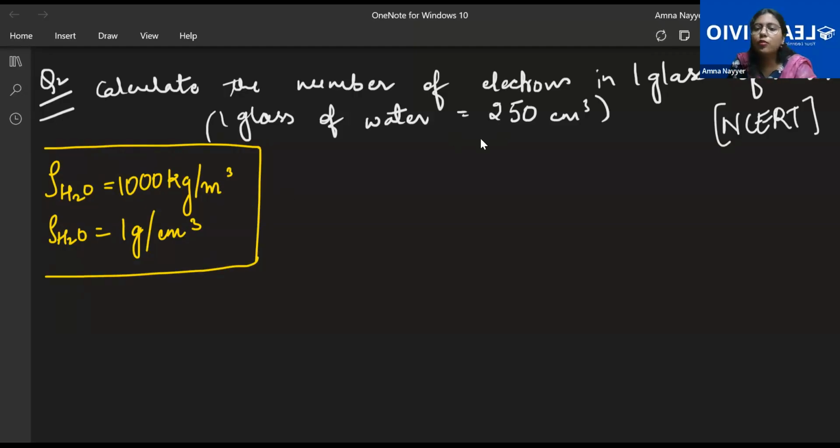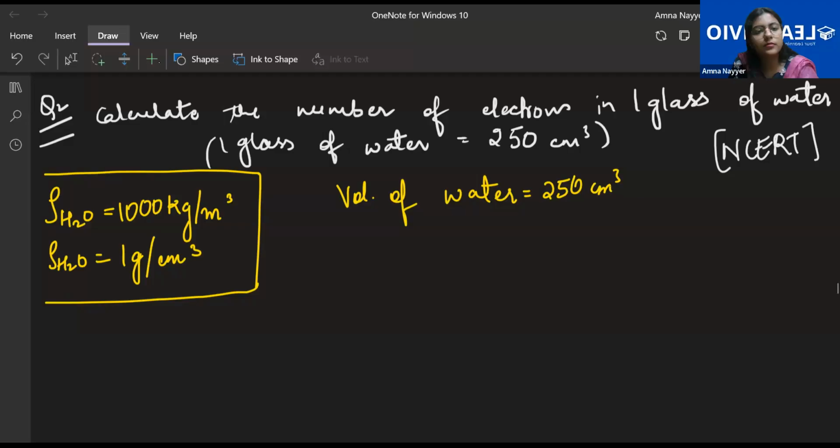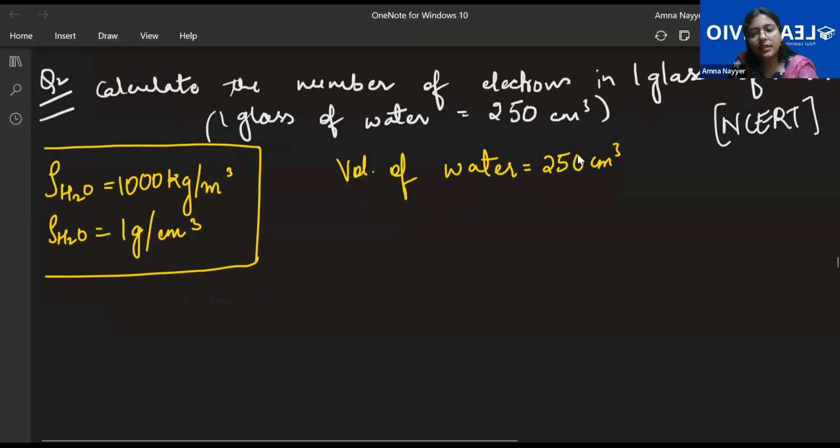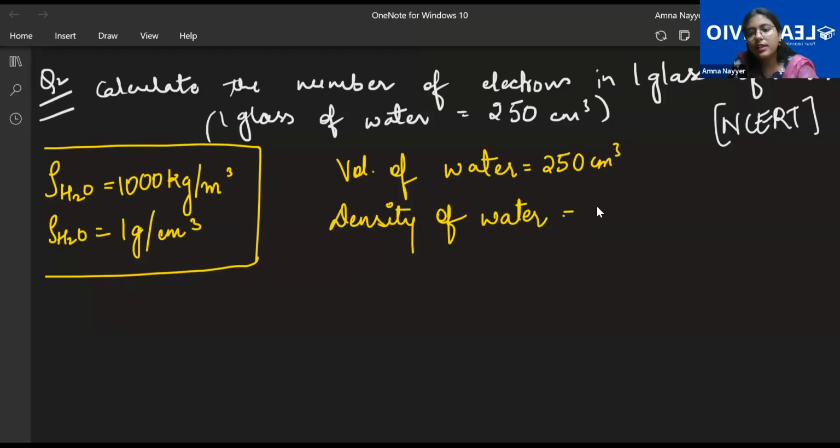Now, this is the volume of water. Volume of water is 250 centimeter cube. Density of water is 1 gram per centimeter cube.